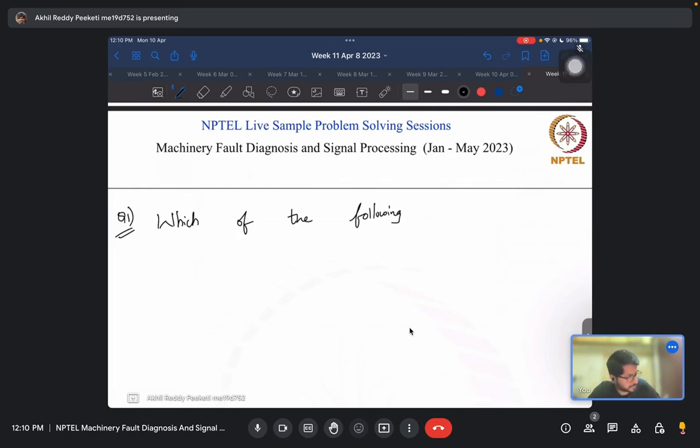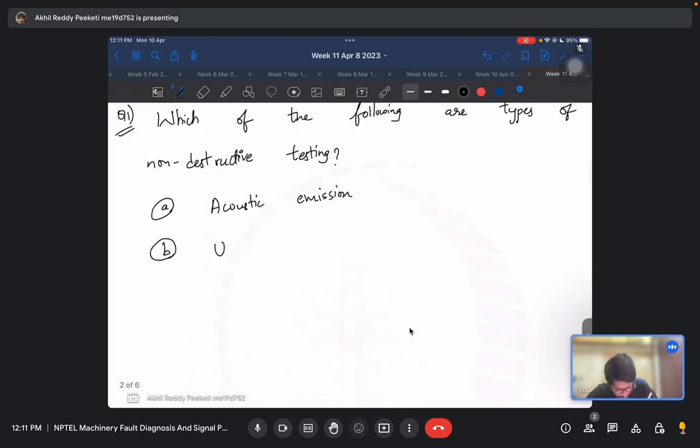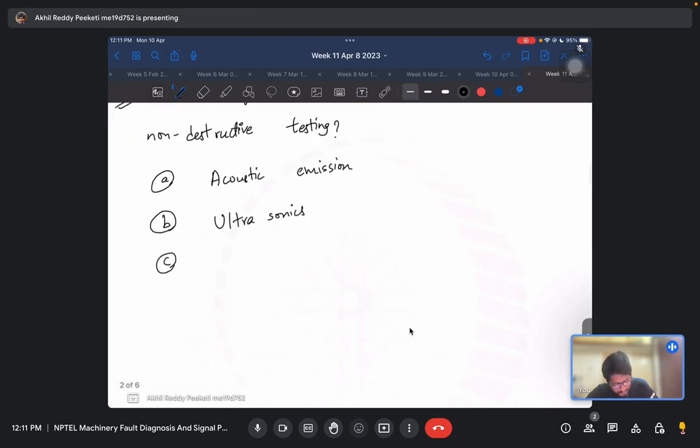So, the options are A. acoustic emission, B. Ultrasonics, C. Vibration analysis, and D. All of the above.